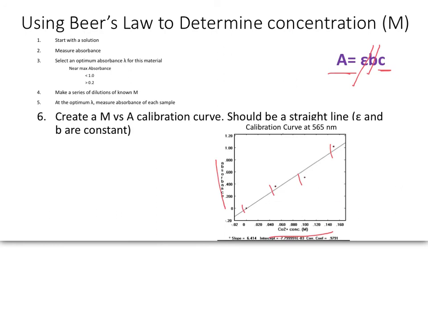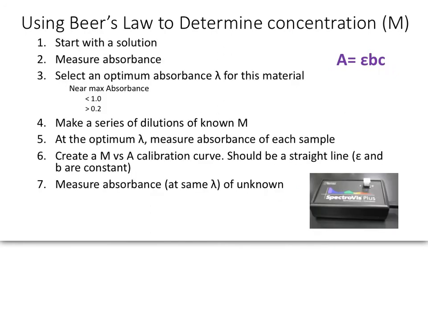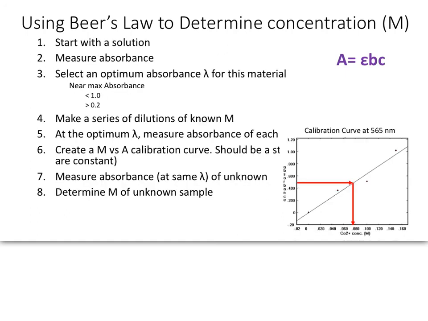Once I've created that calibration, I take my unknown sample. This is the sample that I'm trying to figure out its concentration, and I measure its absorbance in the SpectraViz the same way, at the same wavelength that I did for the other samples. And I use that to determine the molarity of my unknown concentration.